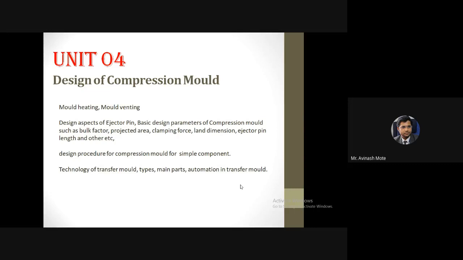Otherwise, once we pour a very high temperature molten material inside the mold cavity, it will start expanding because of the thermal expansion coefficient. That should not happen. So this temperature factor is also required to be considered while designing the molds, at least for molds.